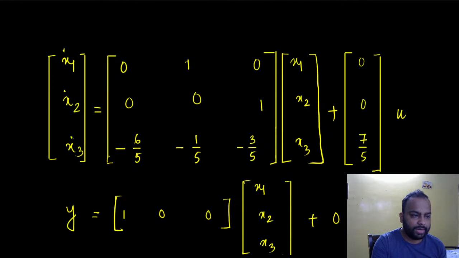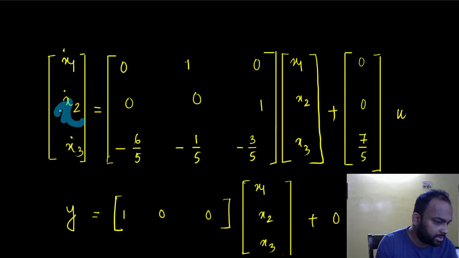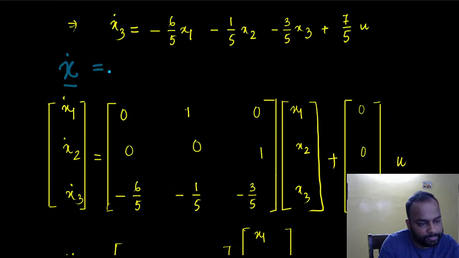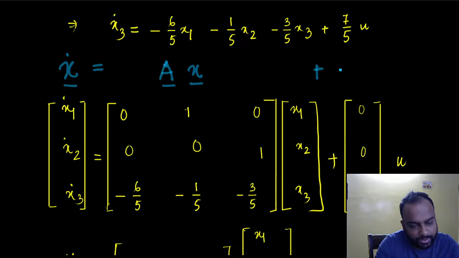So really speaking, this is essentially the derivative of vector x. This is equal to matrix A times x, plus B times u.